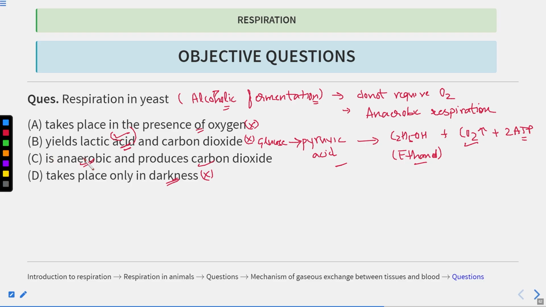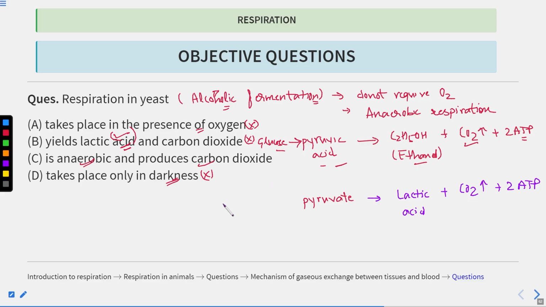Clear? Now let's discuss the lactic acid. So in lactic acid what happens? First the glucose will be converted into pyruvic acid, and this pyruvic acid, also known as pyruvate, is converted into lactic acid. Okay, and along with it 2 ATP are produced.